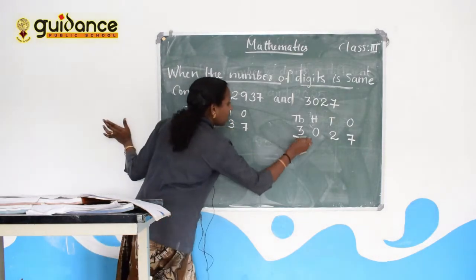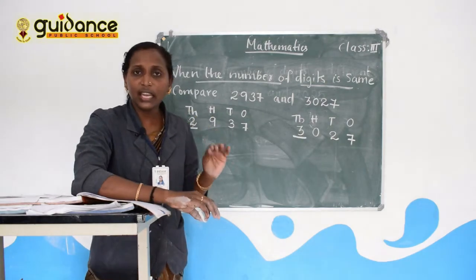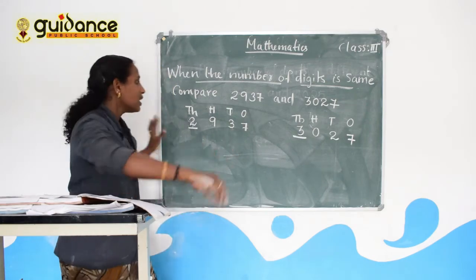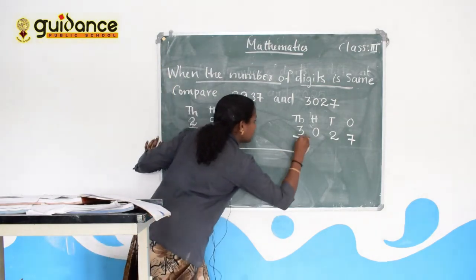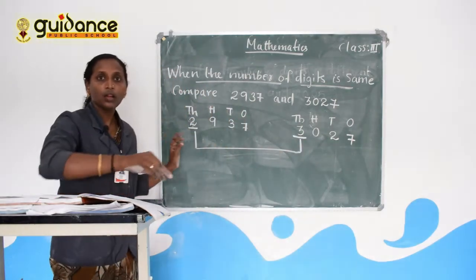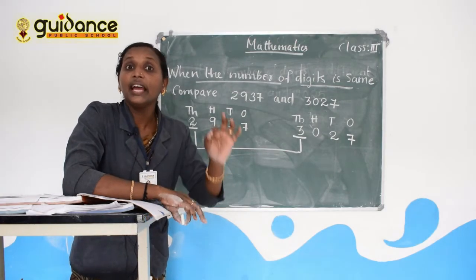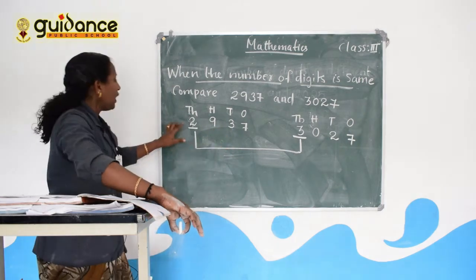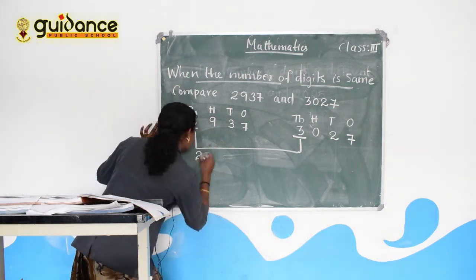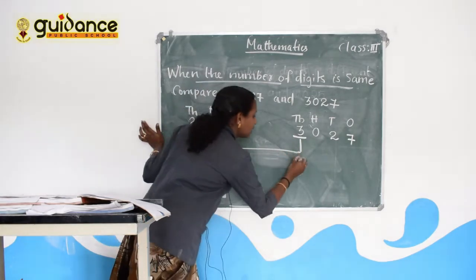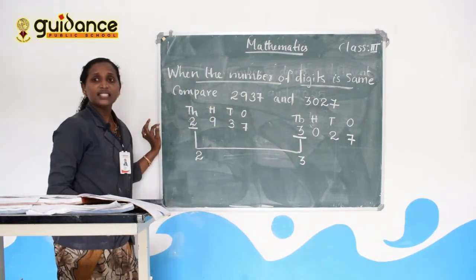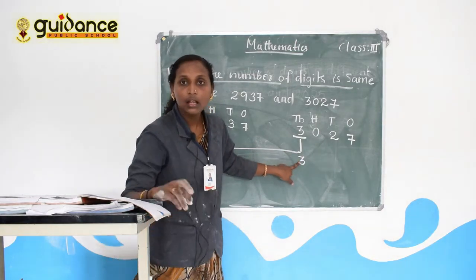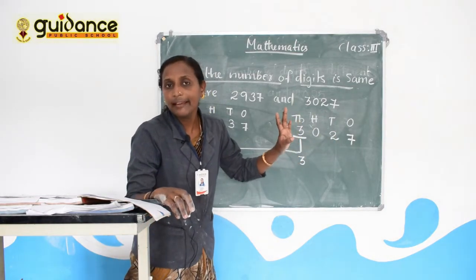That is in the thousands place. So we will compare the thousands place. In this question the thousands place is 2 and in this number the thousands place is 3. Which is the greater number, 2 or 3? 3 is the greater number.